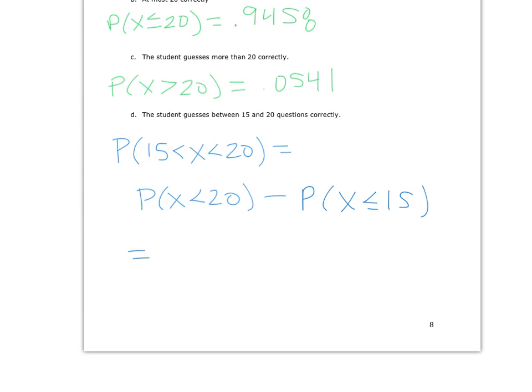The probability that x is less than 20 is 0.9075, and the probability that x is less than or equal to 15 is 0.5688. And doing that subtraction, we get 0.3387.